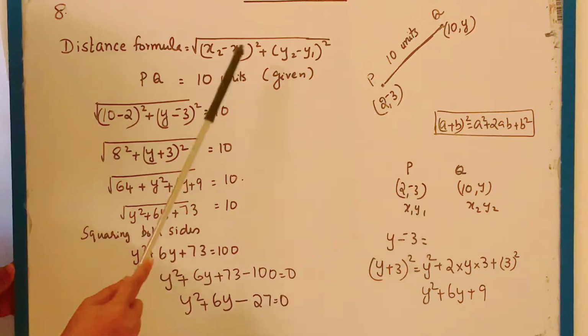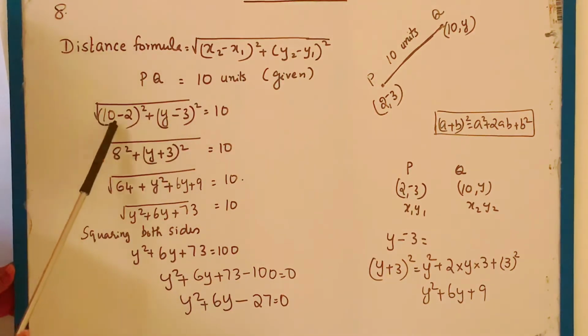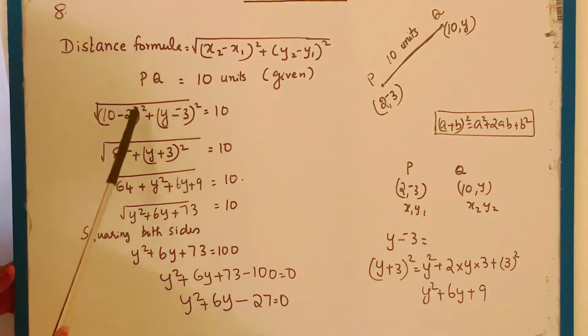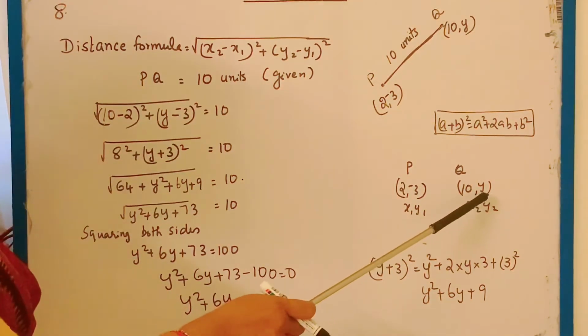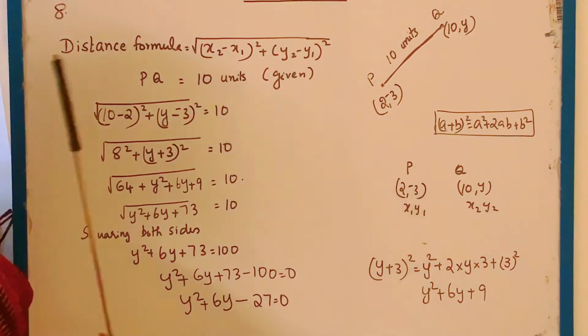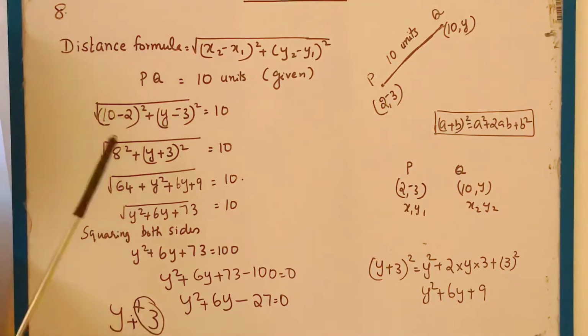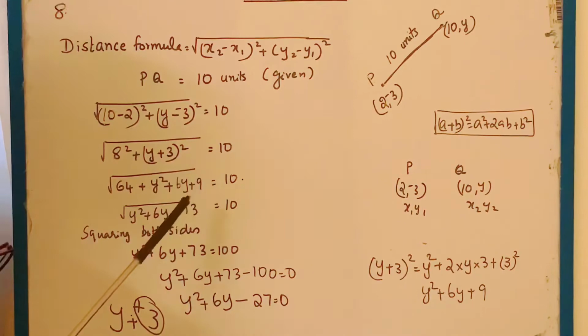Substitute these values in the distance formula, then you will get the square root of (10 minus 2) the whole square, that means (x2 minus x1), plus (y2 minus y1), where y2 is y. Here y1 is negative 3, that means y2 minus y1 is y minus -3, change the sign of this number and add, that means y plus 3. Here (y plus 3) the whole square is equal to 10.